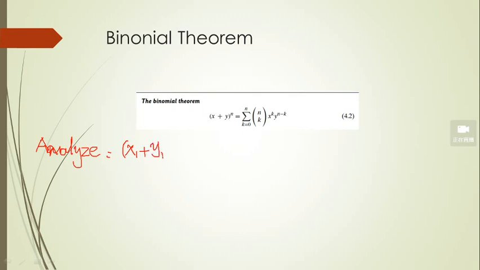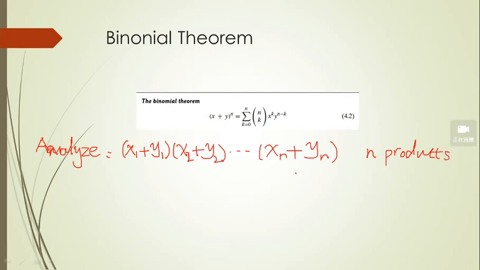If we have x1 plus y1 times x2 plus y2 times, if I have those kind of products, how many terms am I going to get? This is n parentheses in the product, right? How many terms am I going to get?